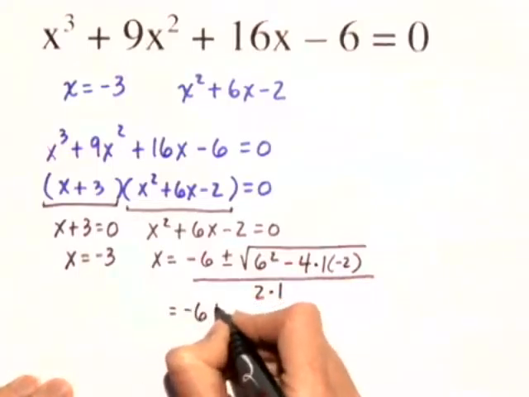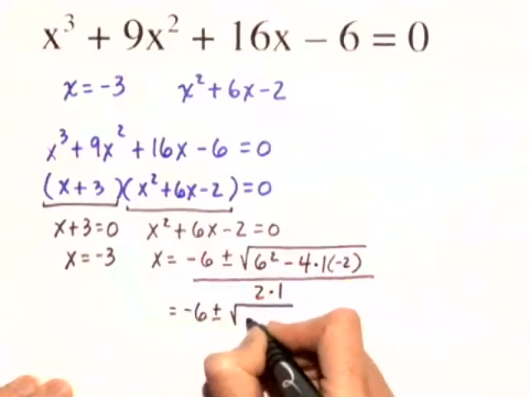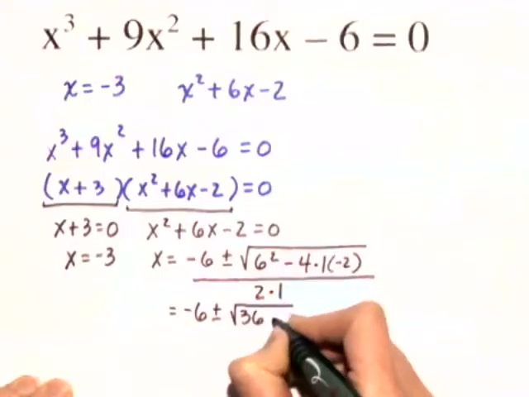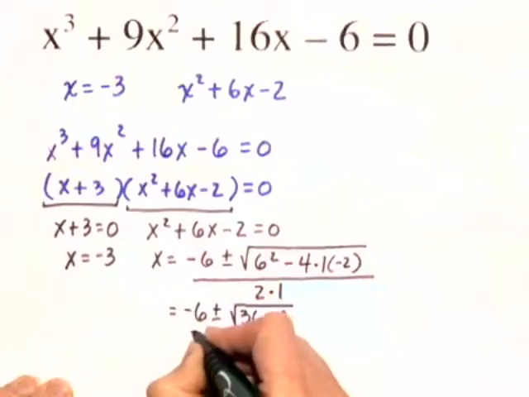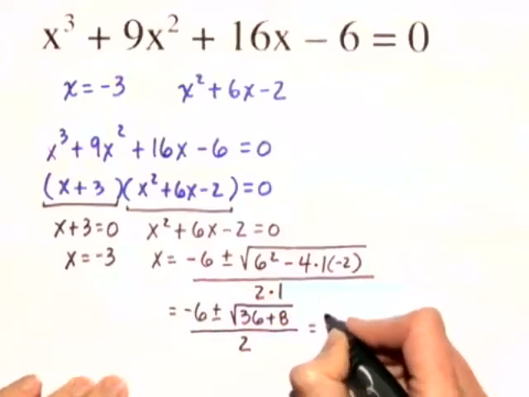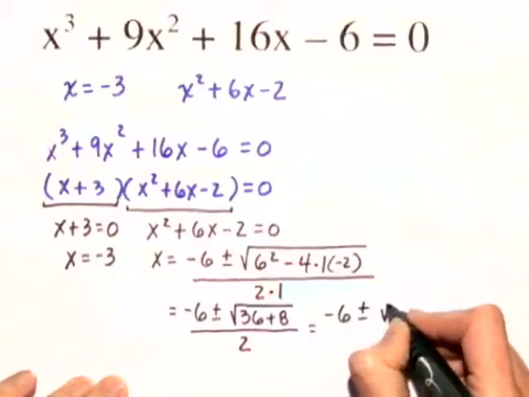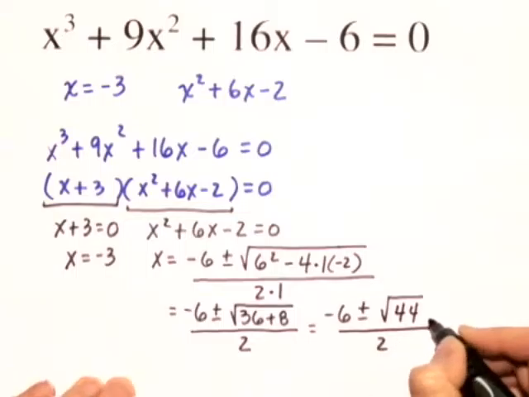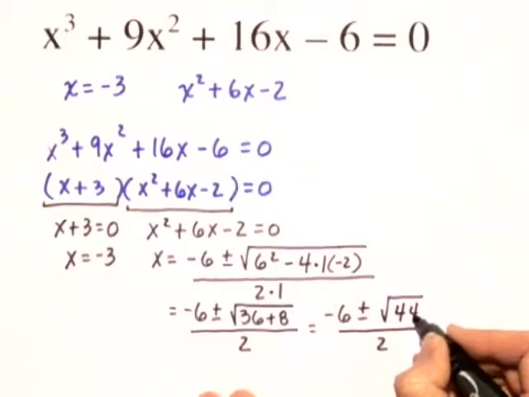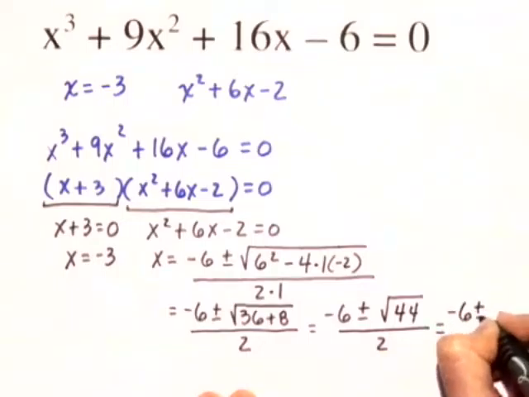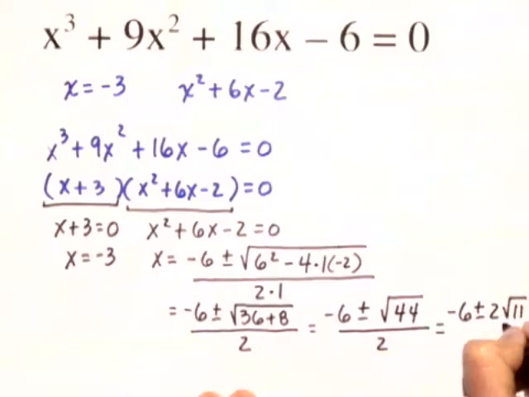So we get negative 6 plus or minus the square root of 36 minus 4 times negative 2, which becomes plus 8, all over 2. That simplifies to negative 6 plus or minus the square root of 44, all over 2. 44 is 4 times 11. So when we take the square root of 4, we get negative 6 plus or minus 2 times the square root of 11 over 2.